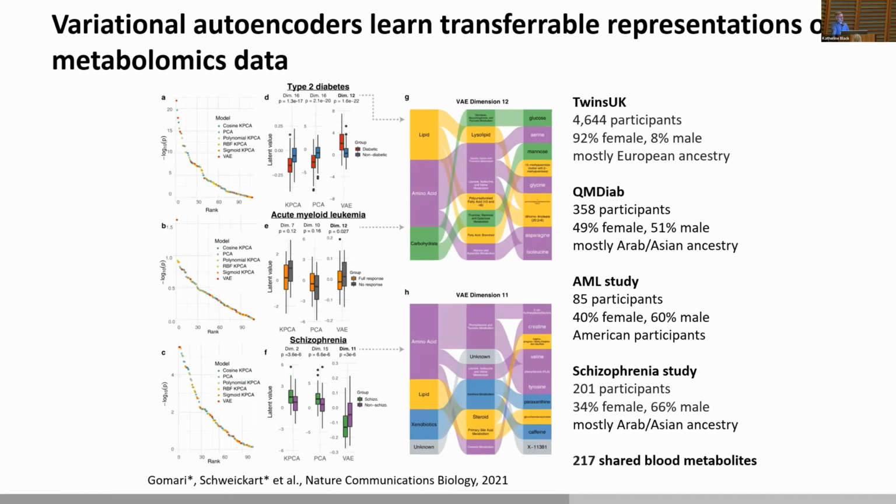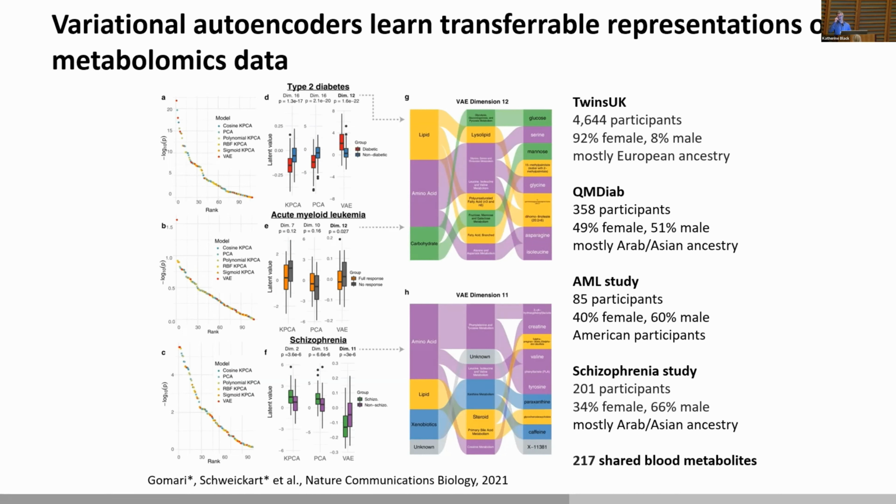What you can see is that the associations, the top points in those scatter plots, the strongest associations with the disease outcomes in the different cohorts, were actually with the signal from the variational autoencoder, stronger than principal component analysis and stronger also than nonlinear principal component analysis. So these autoencoders see something in the data that transfers across cohorts that then correlates with diabetes or AML outcome here.